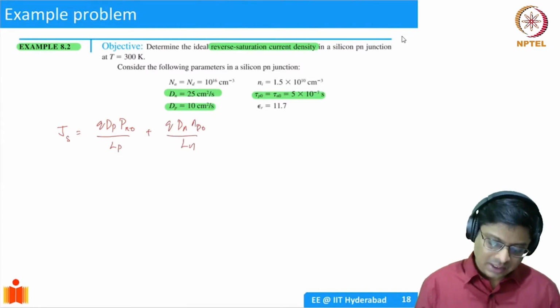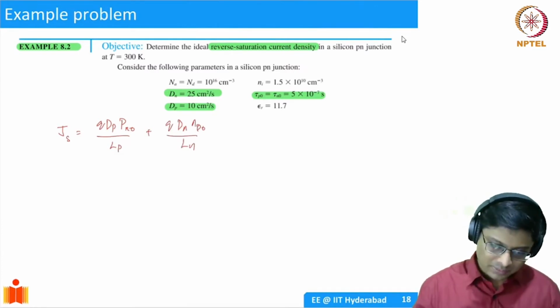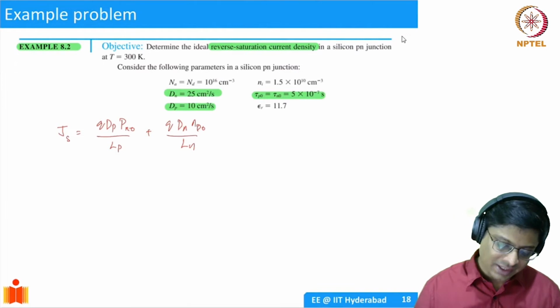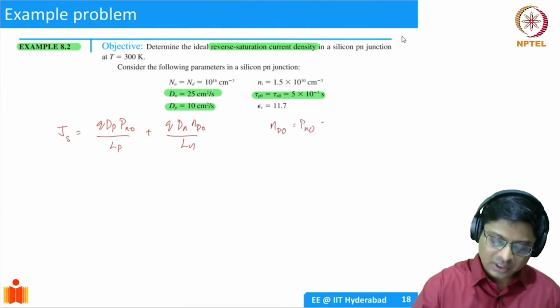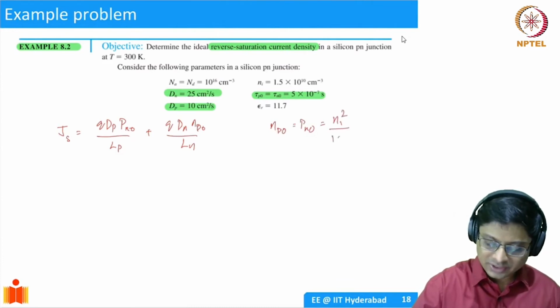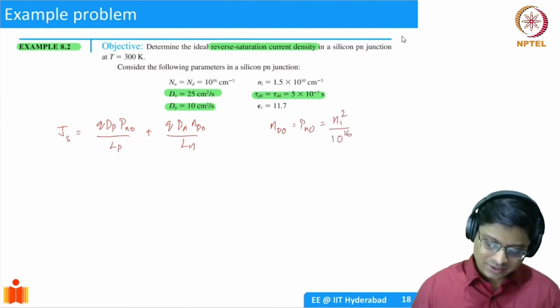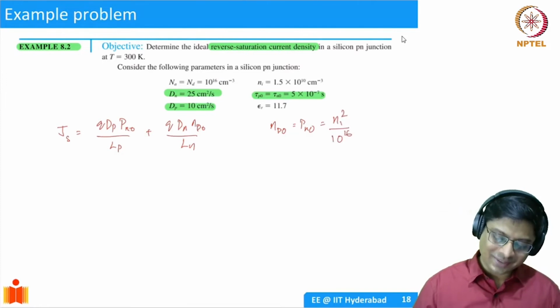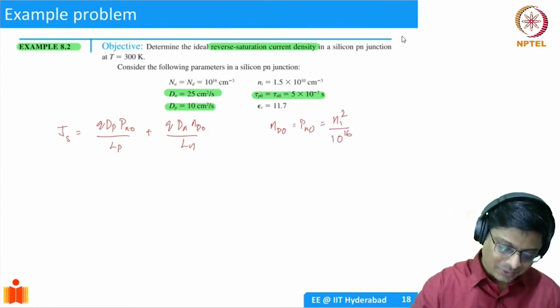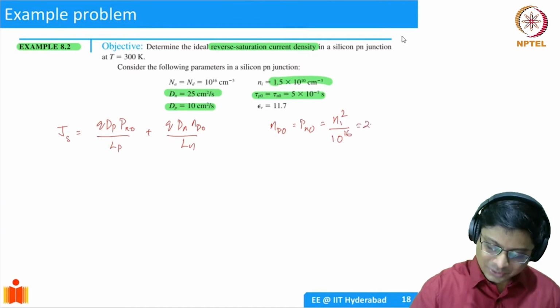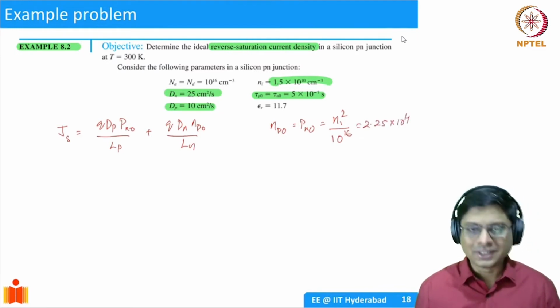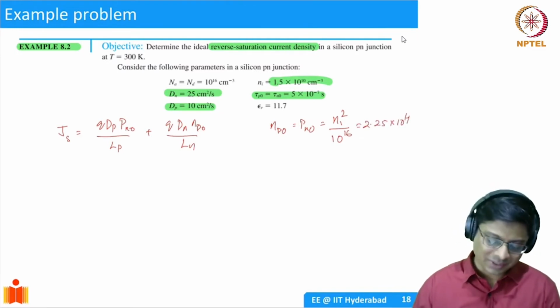In this particular problem, we are given that Na and Nd are the same, so I'll write Np0 equal to Pn0 equal to Ni squared divided by 10 power 16. I'll take the correct number and say this is equal to 2.25 into 10 power 4. I didn't make an approximation here, because the denominator is 10 power 16, an easy number.